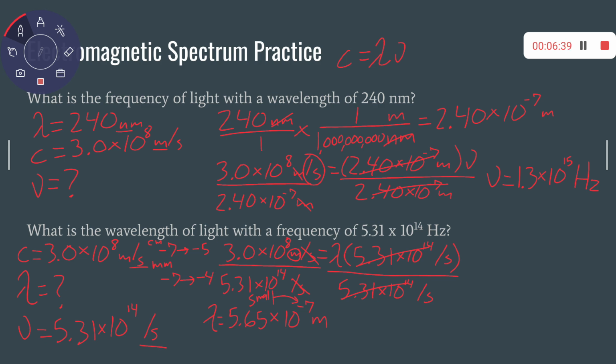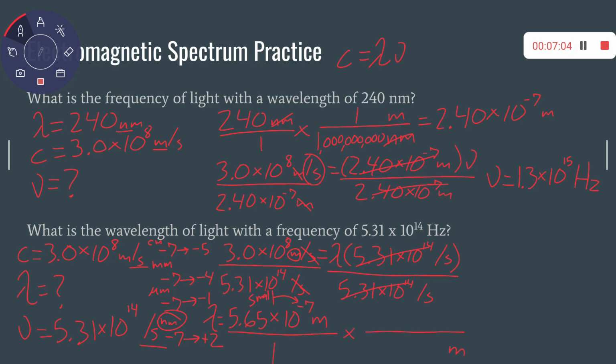If I convert to micrometers, my 10 to the negative 7 will be 10 to the negative 1. Closer, still pretty small. Then I'm going to go to nanometers. From there, my 10 to the negative 7 will convert to 10 to the positive 2. So that's the one we're going to go for, is I'm going to convert this wavelength into nanometers.